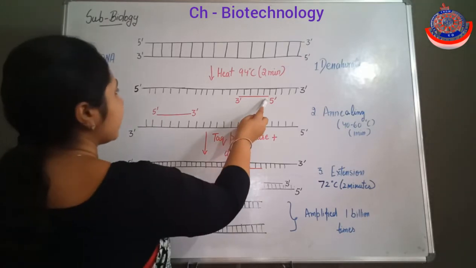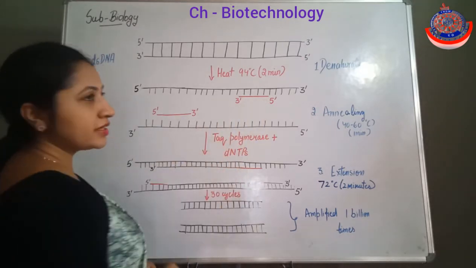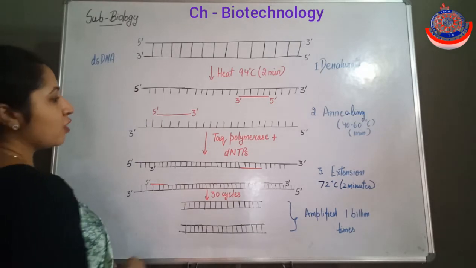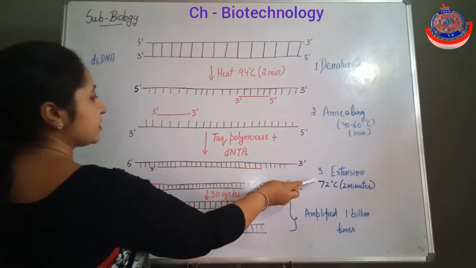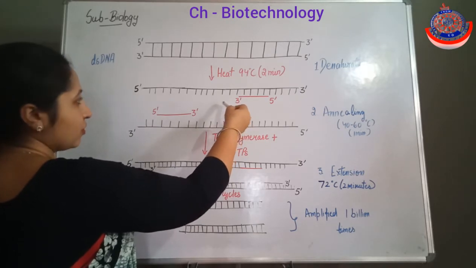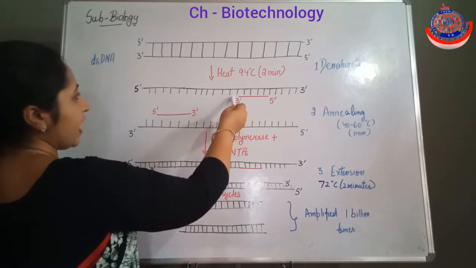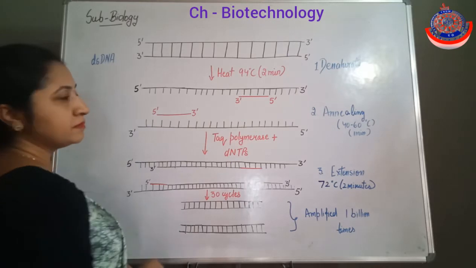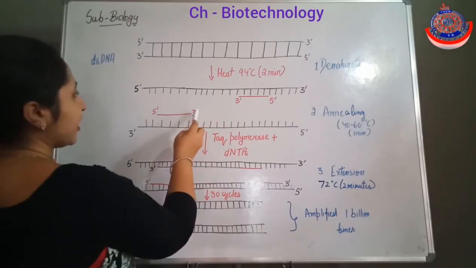The primers are only responsible for initiating the reaction. Now what happens during the extension process is that the dNTPs add on here at the 3' end of the primers, here also and here also.